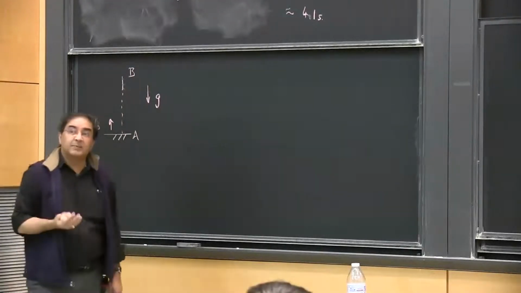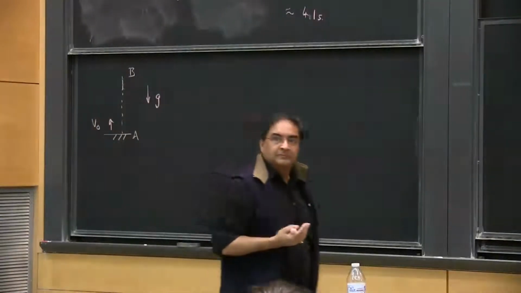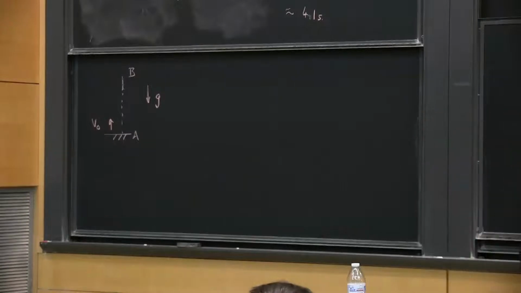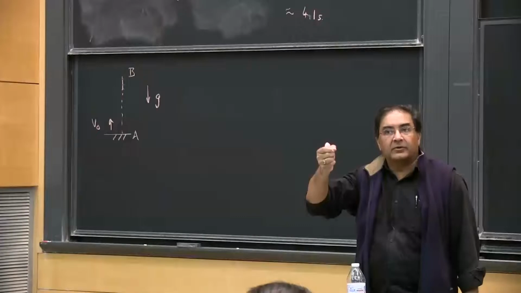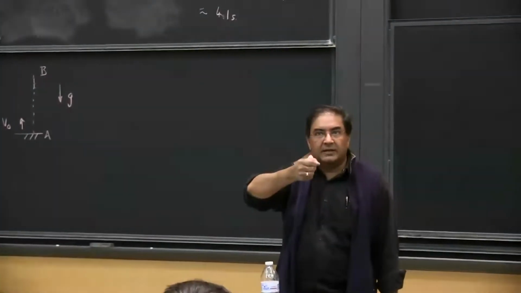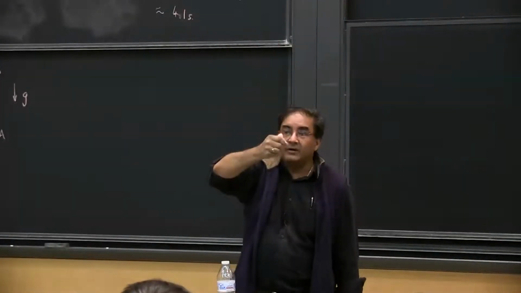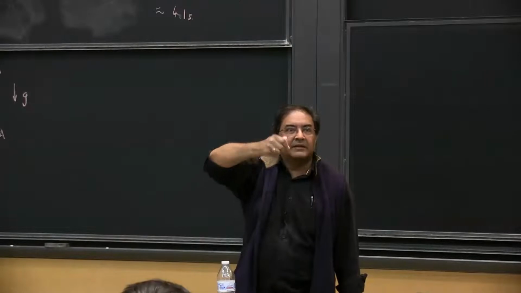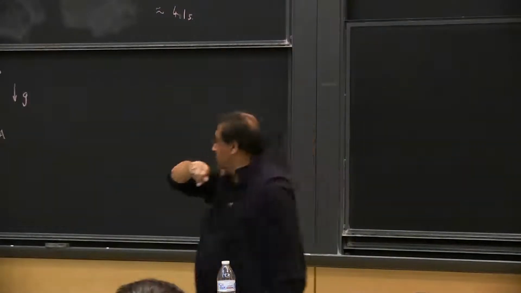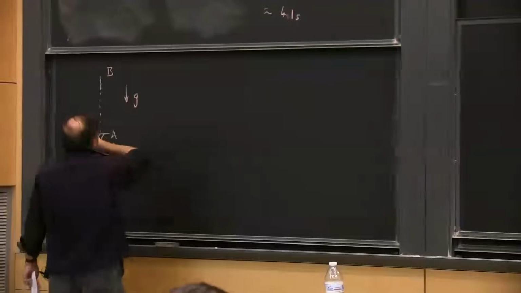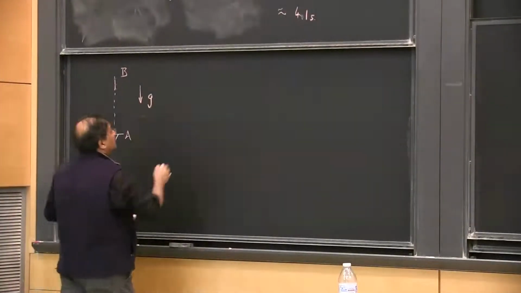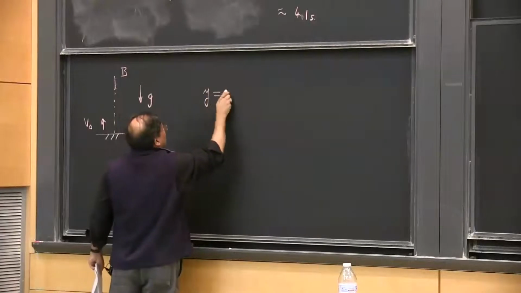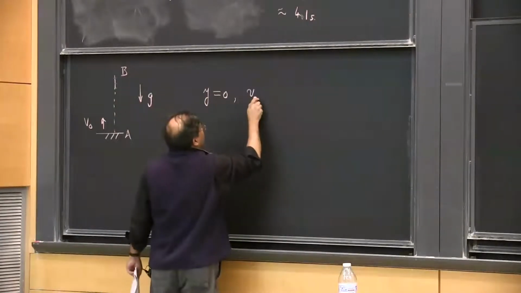So what is its net displacement? Displacement is the vector from initial point to final point. So if I'm starting at some point, going all the way up and coming back down, then my net displacement is going to be 0, right? So I can say y equals 0. I know v0.